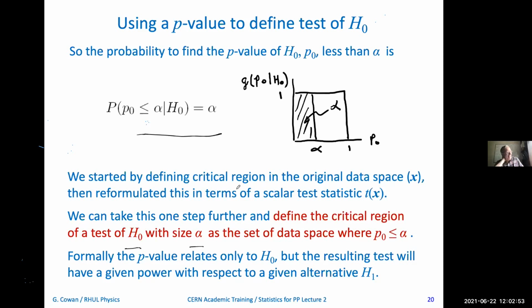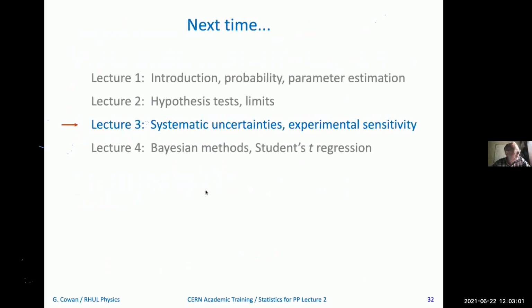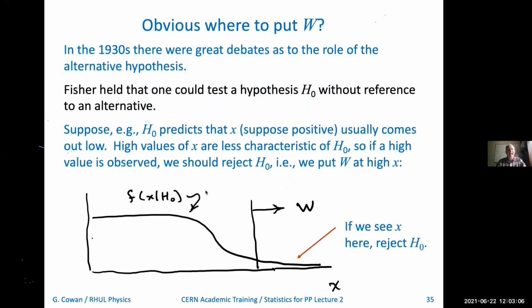I've put into the backup slides, maybe I'll skip to this. There were great debates many years ago, and I'm not sure if that means the 1920s or 30s, about the role of the alternative hypothesis.